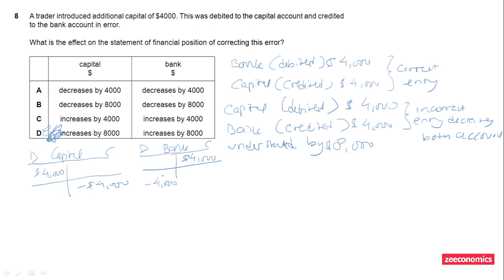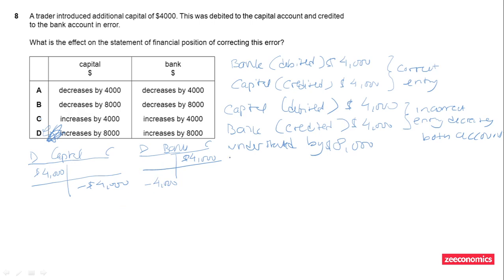So I will put on the debit side minus $4,000, because initially both bank and capital don't have an initial balance. Both initial balances were zero. So since these transactions created an error, both of the accounts suffer a minus or loss.